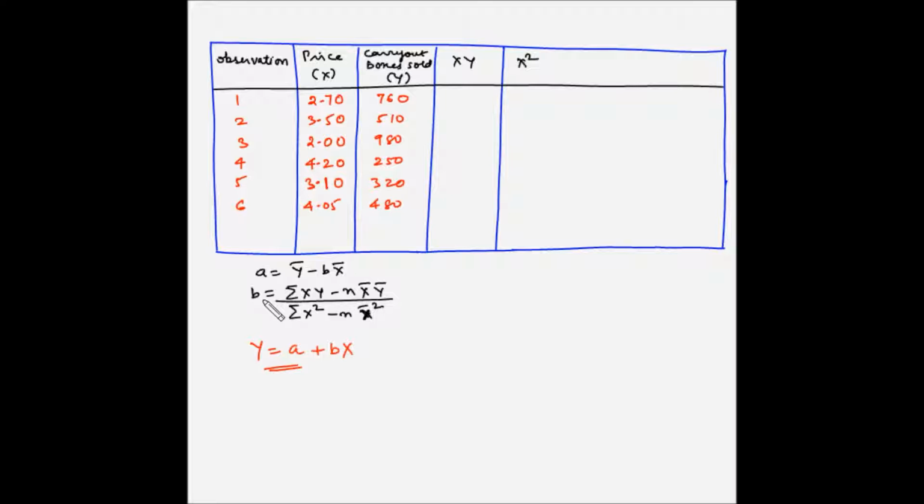Now in order to find the value of b, we have to first find out the sigma of xy. So let's first find out all the values of xy.